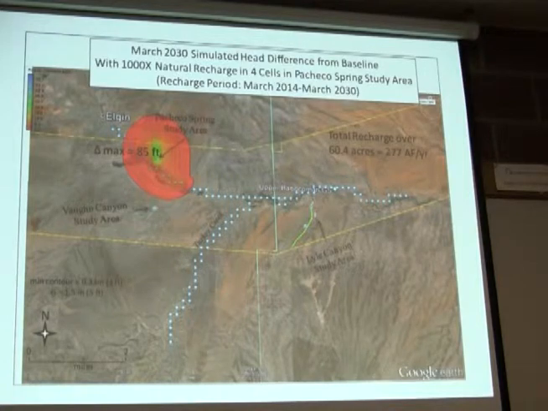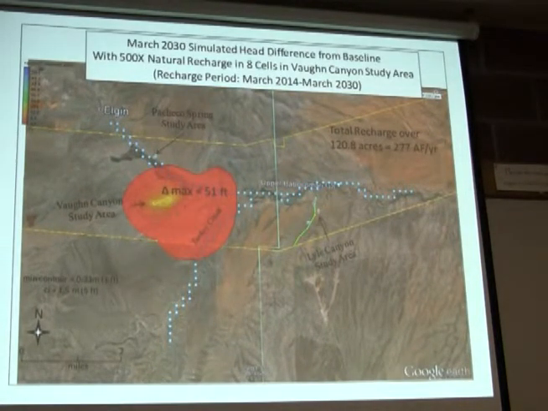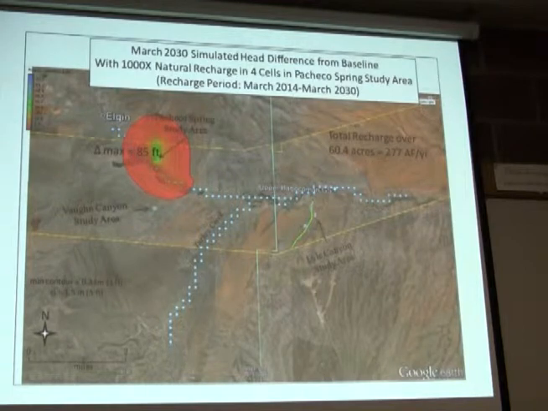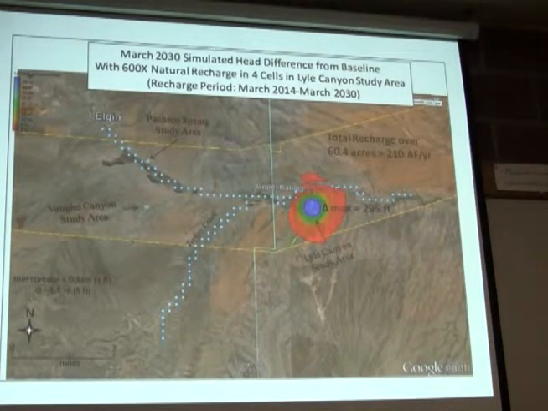Of course, I'm doing this over a very large area compared to what would really be done with the Gabian system. So it's inaccurate, but if we do this at repeated sites, we can see different kinds of responses. And one thing I'll point out here, I'm just flashing back again from Pacheco to Vaughn Canyon to the Laurel Canyon area.